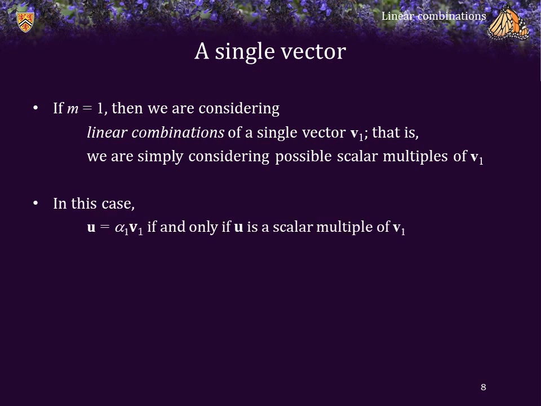Consequently, in this case, a target vector u is equal to a scalar multiple of v1 if and only if there is an alpha 1 such that u is equal to alpha 1 times v1, in which case u lies on the line starting at the origin and going through the vector v1.